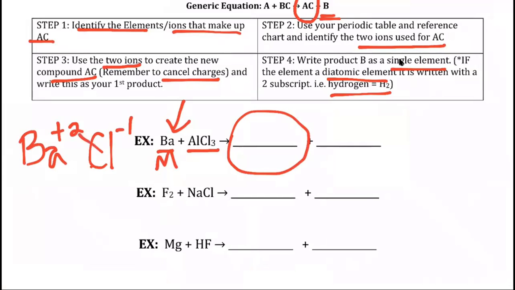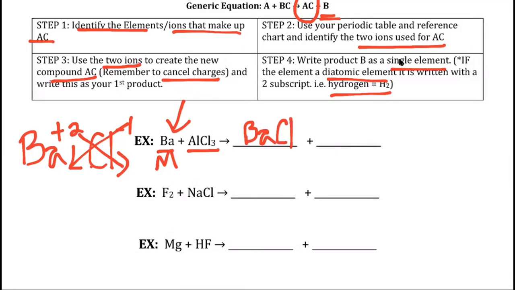If I crisscross the 2 down here and the 1 here, I end up with Ba, and I don't write 1s, so I don't write anything after barium, but after Cl, I do have to write the 2 subscript because I crossed that down. So that's the correct formula for the compound that's produced, because barium will replace aluminum and bond with chlorine. The formula for that compound is BaCl2.